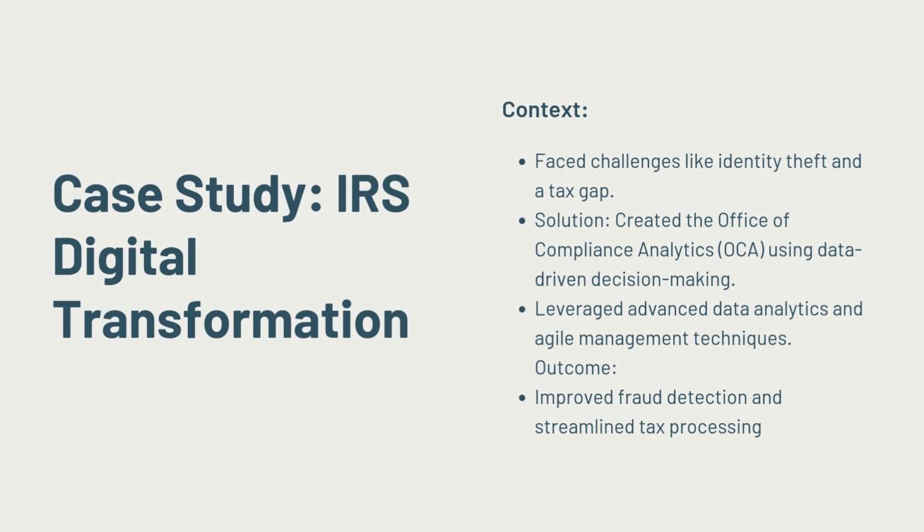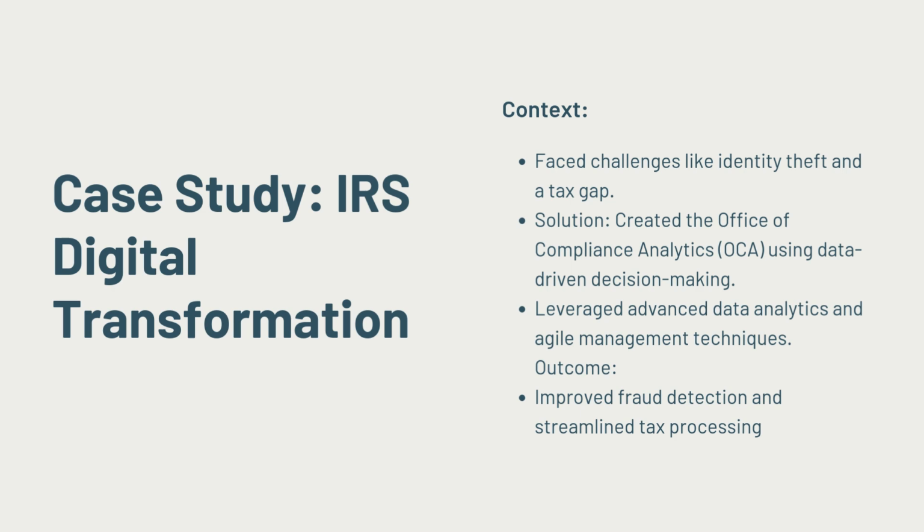Now, let's introduce a real life case study that highlights the power of data driven decision making in the public sector. In 2012, the U.S. Internal Revenue Service, or IRS, was facing serious challenges, including a rising number of identity theft cases and a significant tax gap from small businesses.